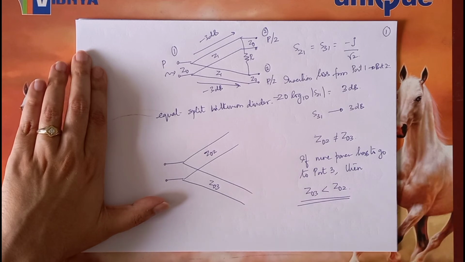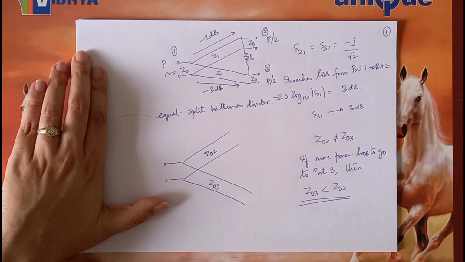This is very, very important. Because the lower the characteristic impedance, the higher will be the current in the transmission line, and for the same voltage that would indicate more power.